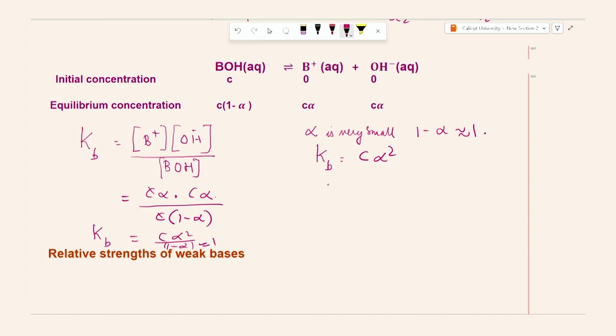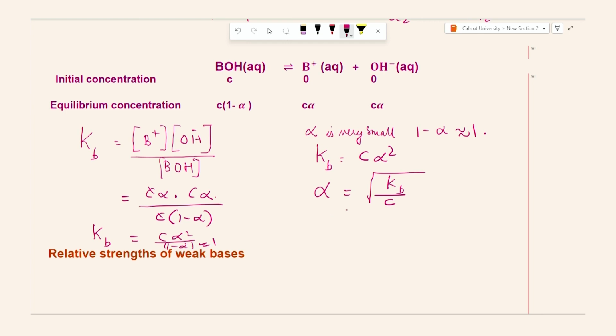Now, alpha, the degree of dissociation, is equal to square root of Kb by C. In the case of acid, it was Ka by C. In the case of a weak base, it is Kb by C. So, it is very easy to remember and we have to do problems based on these equations and therefore, you have to learn them by heart. So, alpha is equal to square root of Kb by C.